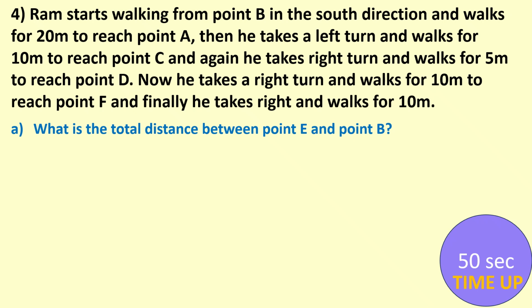Okay, time up, students. Now, Ram starts walking from point B in the south direction and walks for 20 meter to reach point A. Now, here Ram starts walking from point B in the south direction.